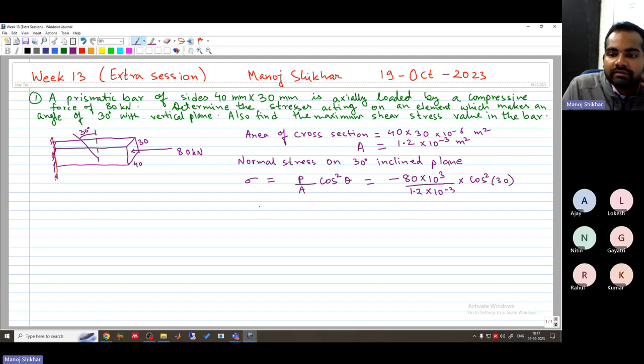So our sigma will be minus 80 upon 1.2 into 10 power 6 into 3 upon 4.